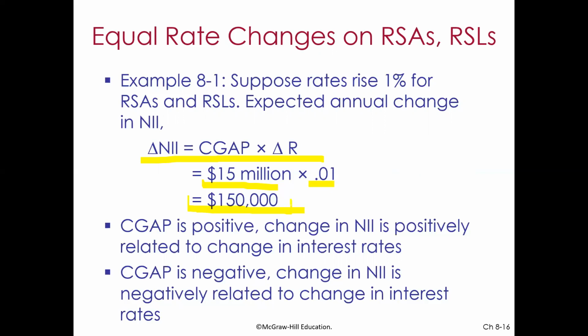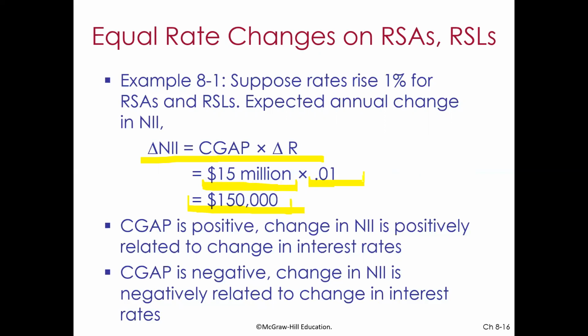Now, you need to remember a couple of points. Here, the cumulative gap is $15 million positive. A positive cumulative gap means the rate sensitive assets are higher than rate sensitive liabilities, which means that if interest rates increase, the revenue from the rate sensitive assets will go up and the expenses on the rate sensitive liabilities will also go up.